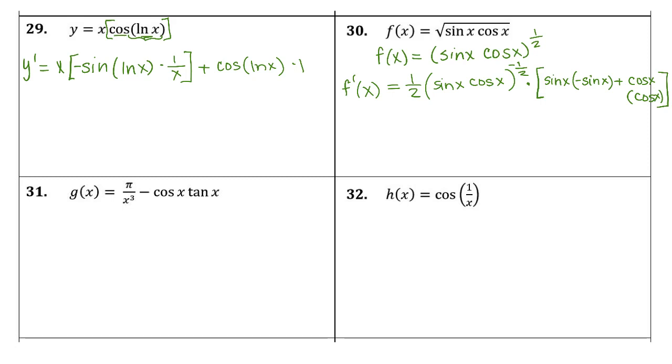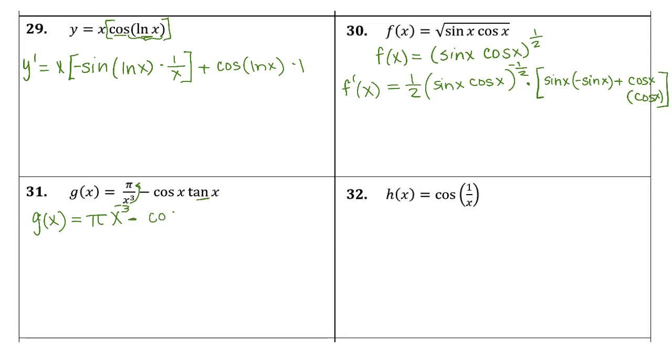The first one, I would flip this up to make it a negative exponent here. So g of x is going to be pi, the coefficient, times x to the negative 3. And then minus, and we can rewrite cosine and tangent.